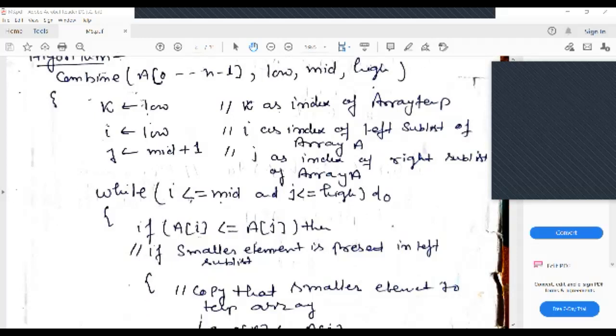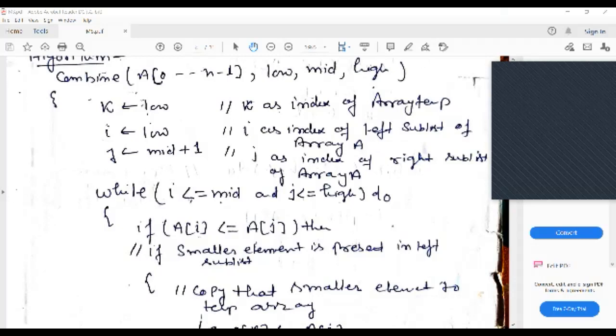Now the main condition, just check what concept we are using here. Basically, we are picking the first element of the left sublist and comparing it with the first element of the right sublist. Suppose you have two sublists, one is x1, another one is x2. Now you pick one element of x1 and compare it with the first element of x2.